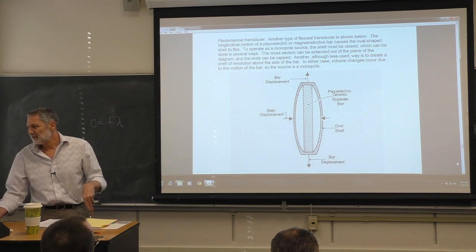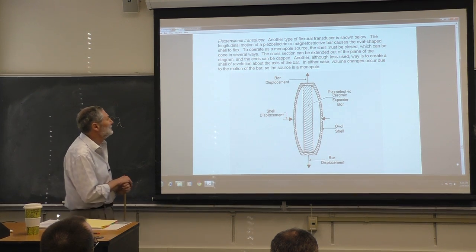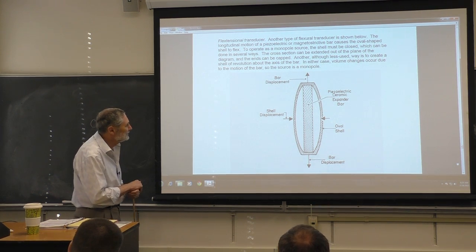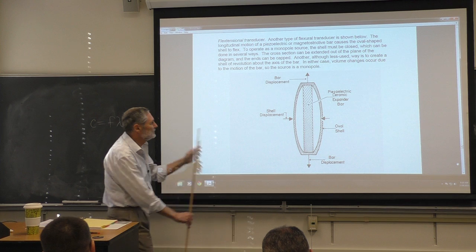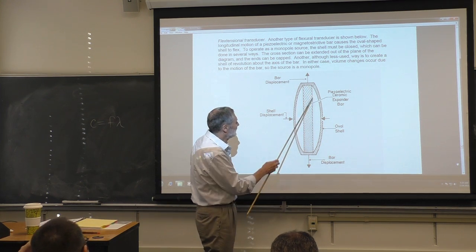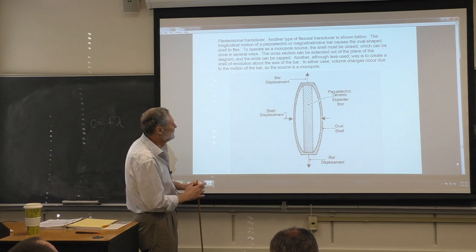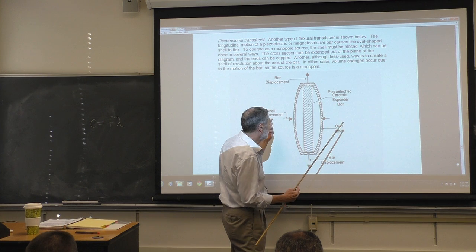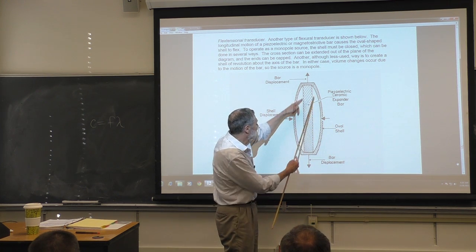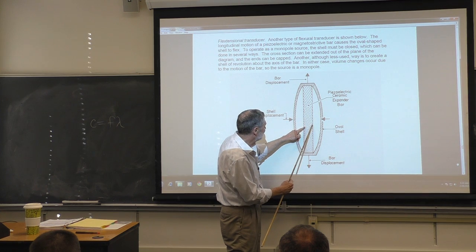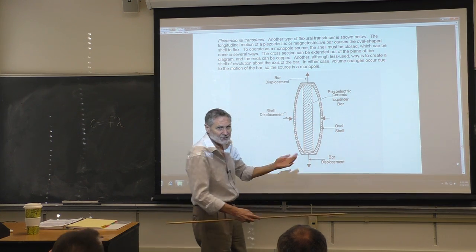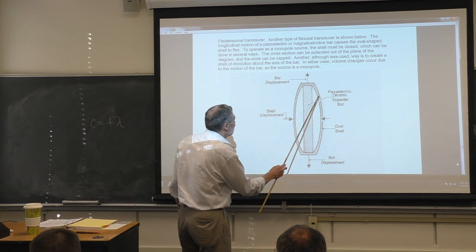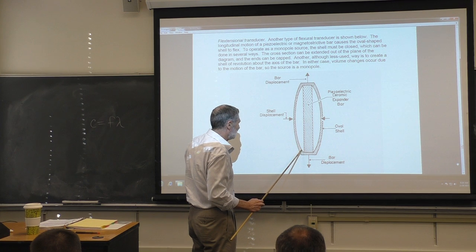This one's interesting. This has a particular name, tensional transducer. And here's the idea. Here's the piezoceramic element, operated as an expansion bar. One possibility is it's plated and polarized in this direction, and you get the length expansion and contraction like we discussed. And then this is a non-piezo material, thin metal, for example.